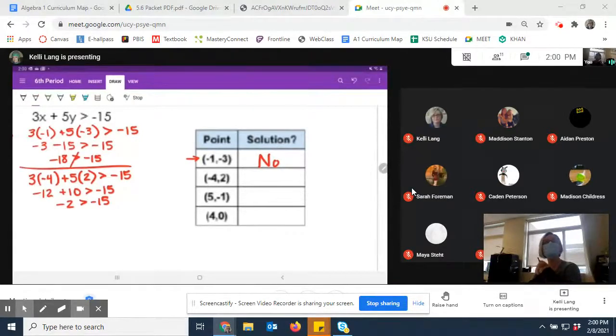Hey, finally, something that's actually true. -2 is bigger than -15. We can put a check mark here, a smiley face, a thumbs up. I don't know how to draw a thumbs up. Good enough? Yay, we finally have a solution.